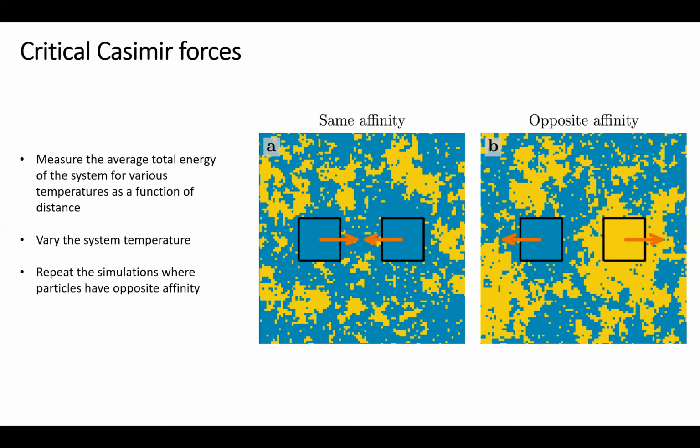And critical Casimir forces are related to these forces, but here what is confined are the critical fluctuations of the solvent. A critical mixture is a mixture of two liquids that are dissolved within each other above a certain temperature, and they demix below a certain temperature.